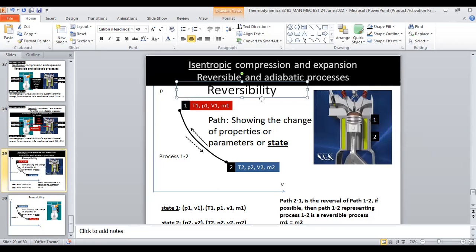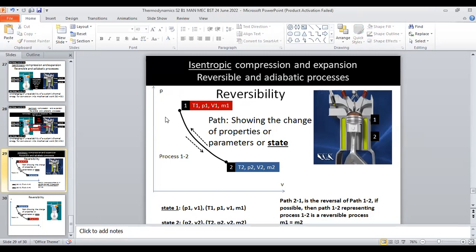Too small PV diagram, but it's okay. So this is for reversibility in expansion. You can see the engine. Reversibility in expansion.